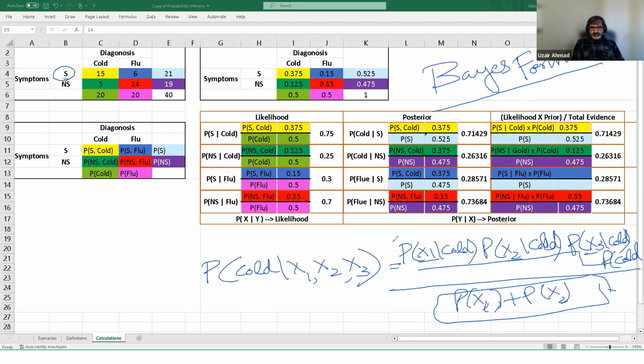But to simplify our computations and be able to apply this formula, we make a naive assumption that all inputs are independent. Due to this naive assumption, we call this formula naive Bayes formula, which doesn't mean that Thomas Bayes was naive, he was a genius. It is naive Bayes because of our assumption that all inputs x1, x2, x3, x4 are independent.